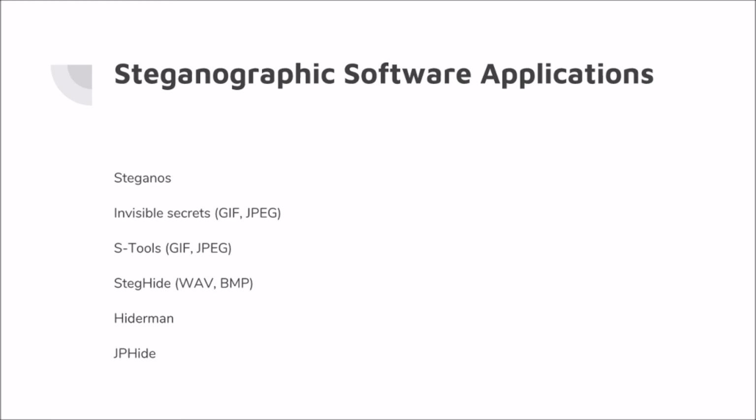For example, you have Invisible Secrets as well as S-Tools, which figure out hidden secrets in GIFs or JPEGs. As you can see, StegHide has WAV or BMP. Yeah, bitmaps, and Hyderman is actually a really good one, but Steganos is one of the main ones, actually one of the first commercially viable ones, where you can decrypt all kinds of messages and encrypt at the same time.